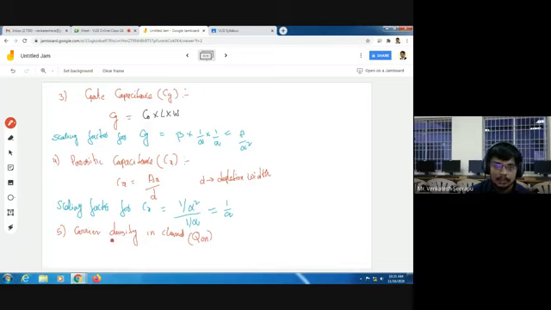Why? Because the carrier density depends upon charge only. So what is the formula for Q on? Q on is equal to C naught into VGS. Now tell me, what is the scaling factor for Q on? Now calculate what is the scaling factor for Q on.